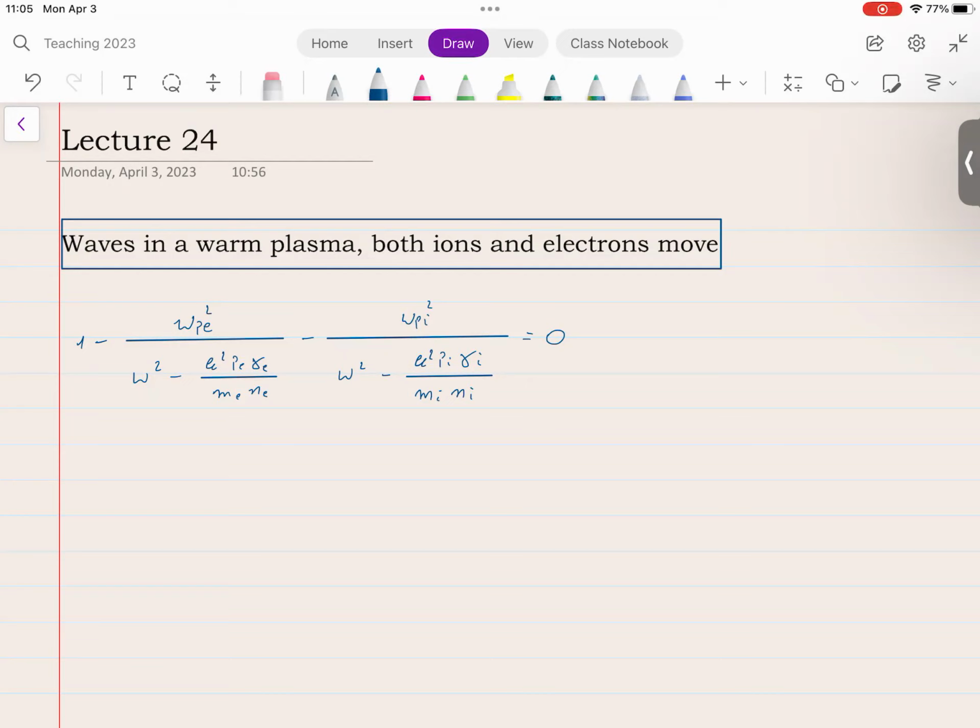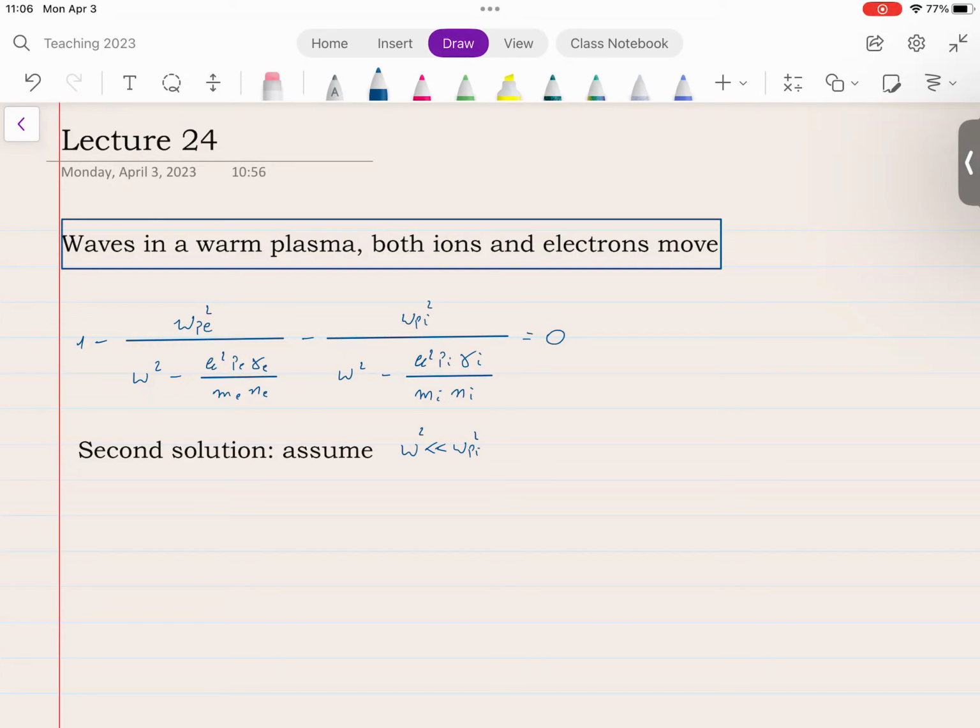It's not that hard, but it gets pretty messy, as you may find out in your homework. However, we can write an approximate solution by assuming that omega, or if you prefer omega squared, is much less than omega pi squared.